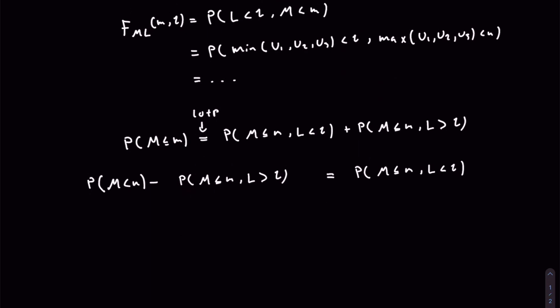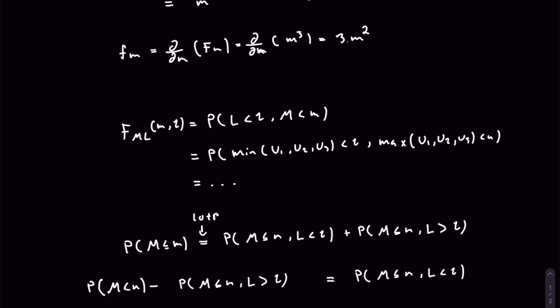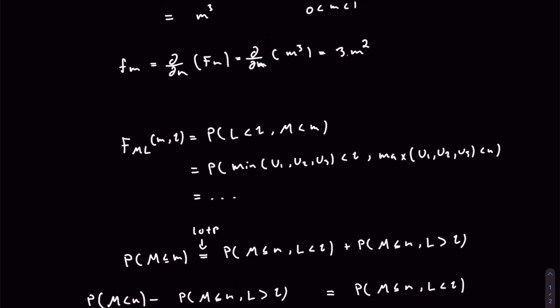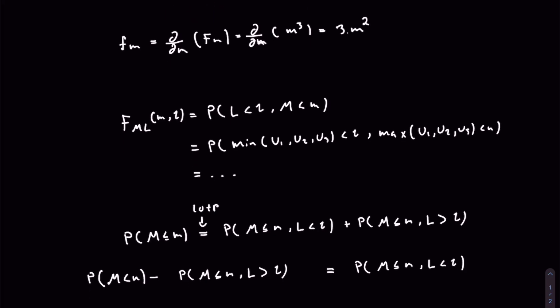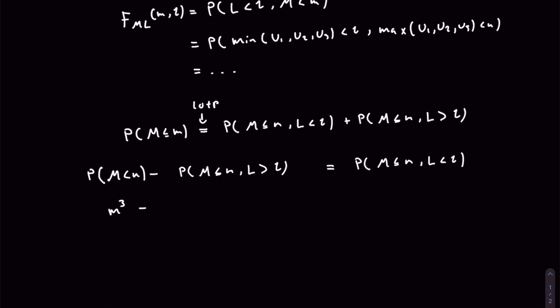We know what the probability of capital M being less than m is, that is just m cubed. So I'm going to write it in here, minus, like so, and now we're going to focus on this part of the argument. All right, so what is that part?